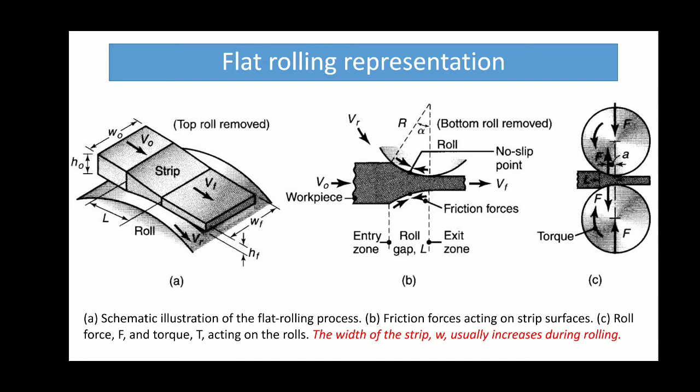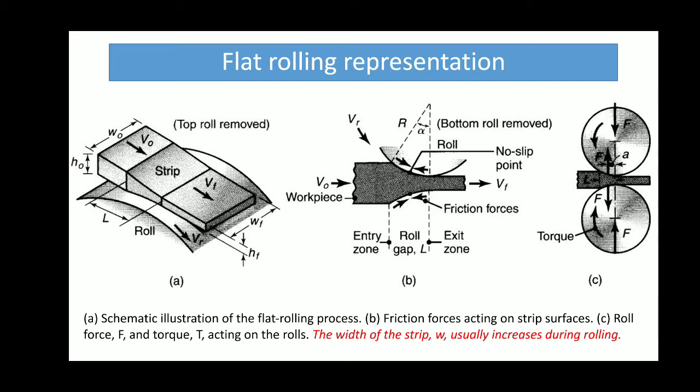Later on we will discuss shape rolling, or form rolling, whereby we will see how we can achieve different geometrical cross sections apart from rectangular or square cross sections. In this particular slide we are discussing the flat rolling operation. So now what is this flat rolling?